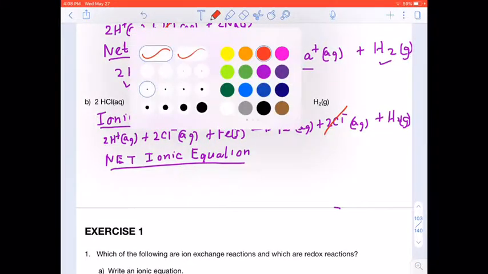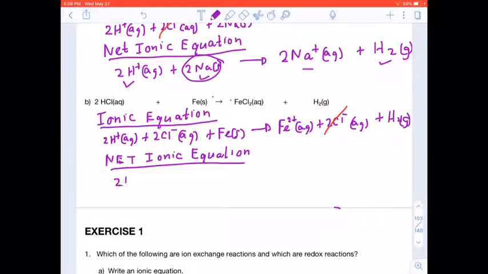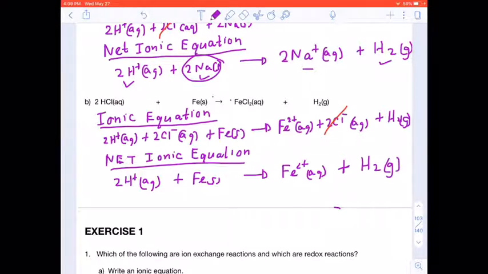Then we're left with 2H plus aqueous, again showing you that you've got that H plus from the acid, plus Fe solid, which then gives us Fe2 plus aqueous plus H2 gas. Again, it's a metal plus an acid.